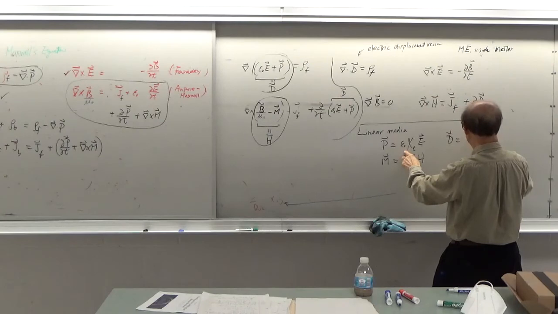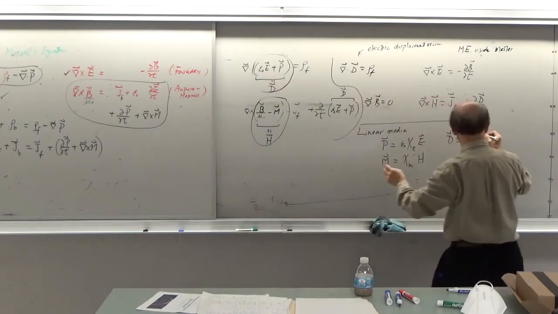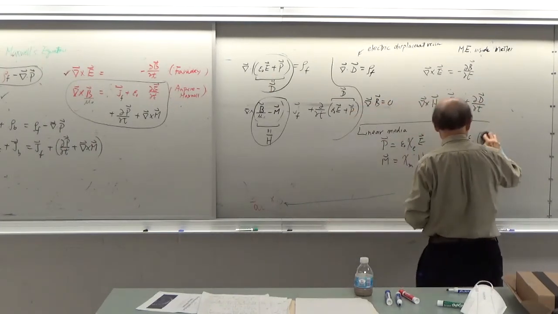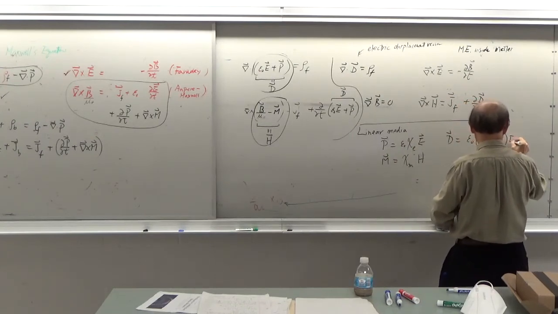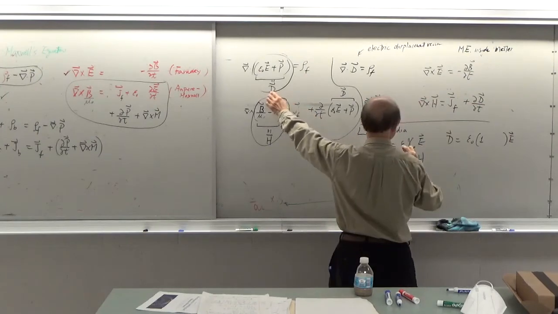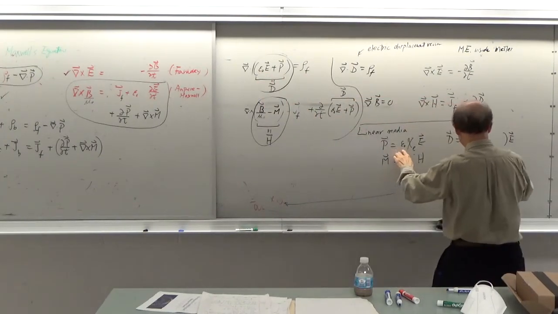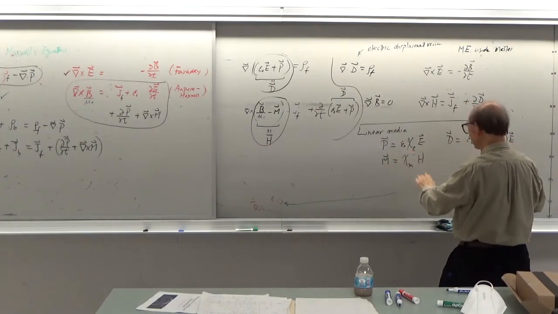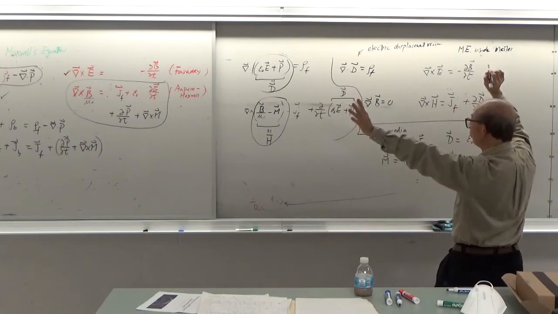So E is outside: 1 plus chi E times E, and P is this one. So it's epsilon naught times 1 plus chi E. And H will be equal to, where's H? Here.